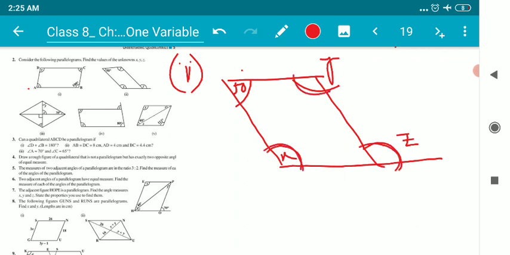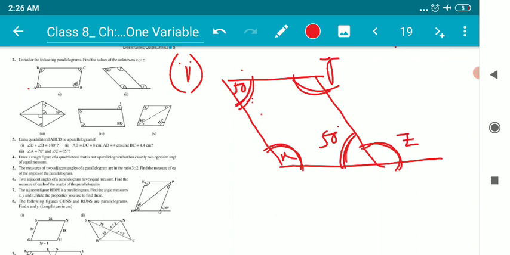Okay, children, fine. There is no rocket science. Very simple. If this angle is 50, this angle will also be 50. How come? Both of these two angles are opposite angles, and opposite angles are always equal in a parallelogram.